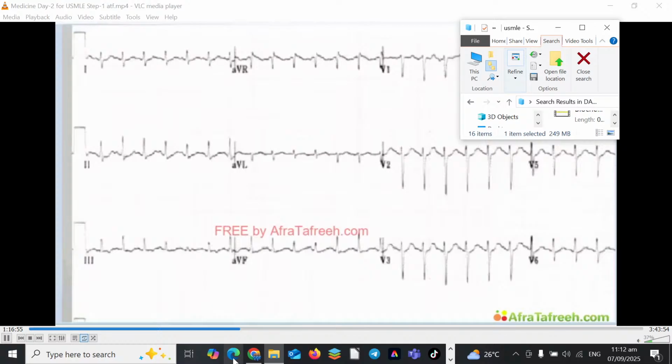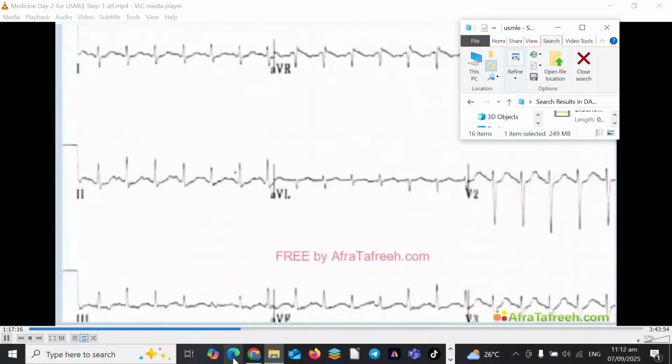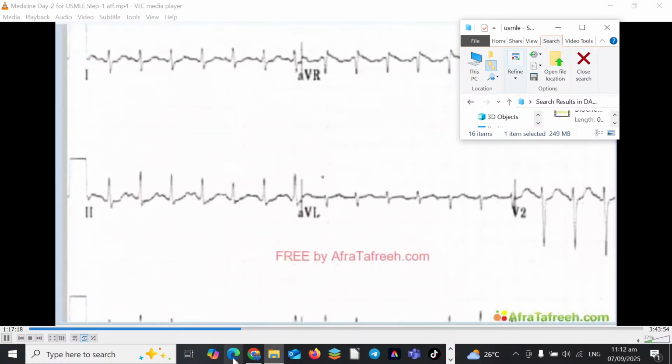Okay, what is the rate? This is a tachycardia. Can you notice that this is a narrow complex tachycardia? What I want you to search for is the P and the T waves. Can you see that?